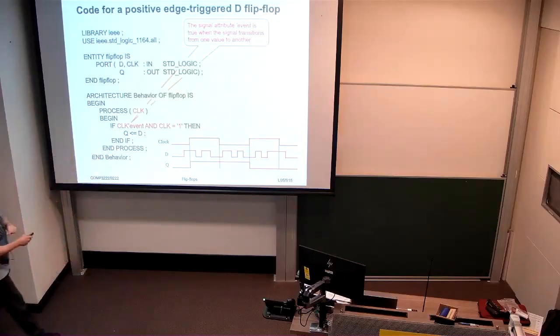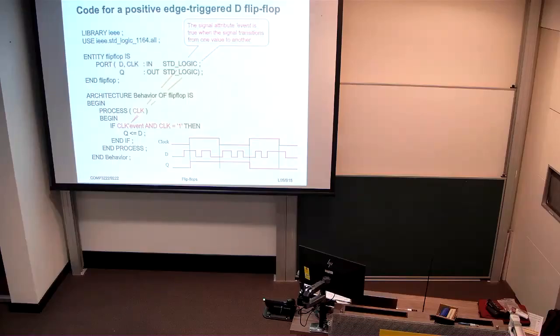But for the time being, you have to be... I can see where you're coming from. Given that D isn't in the sensitivity list, you're not going to even be entering this process unless there's some sort of change in the clock signal level. But I can't think of why it is at the moment.